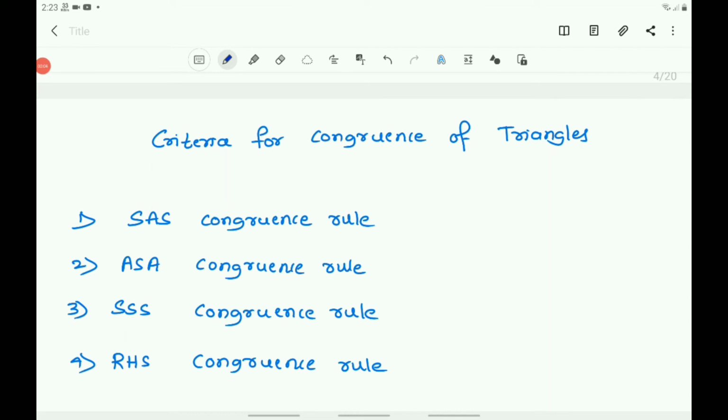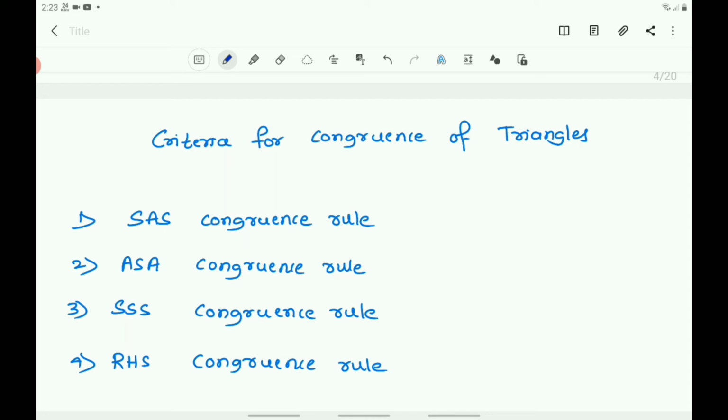In earlier classes, you have learnt 4 criteria for congruence of triangles. Let us recall them. You learnt the SAS congruence rule, ASA congruence rule, SSS congruence rule, and RHS congruence rule. These are the 4 criteria that you have learnt in previous classes. Now let us revise one by one.